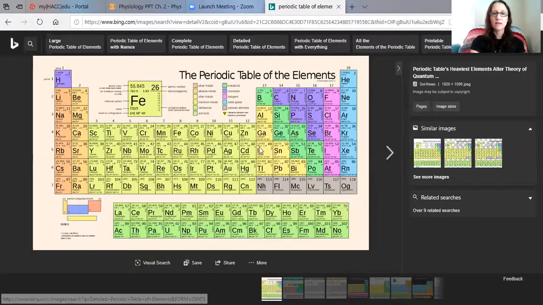Now, the periodic table lists elements that have similar characteristics together, and I like the way that it's colored. It makes it easy to pick certain things out. For example, over here, these blues, these are the noble gases. So you have helium, neon, argon, krypton, xenon, and radon.